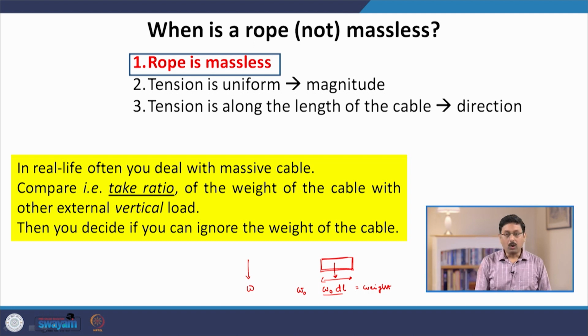Now compare these two forces, the external vertical force and the weight of the rope. When I say compare, there are two ways to compare: either take the difference or take the ratio. In this case, take the ratio. Now, if you can neglect the, so this is the ratio.